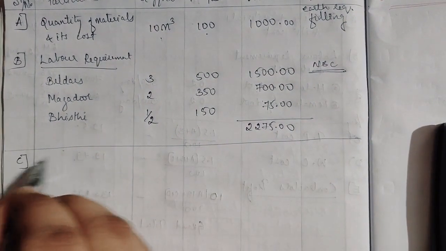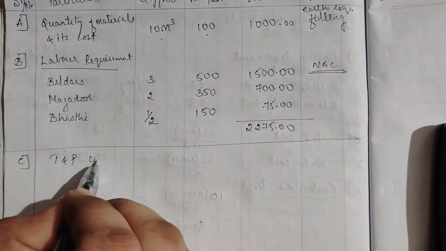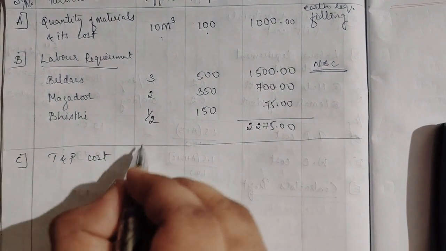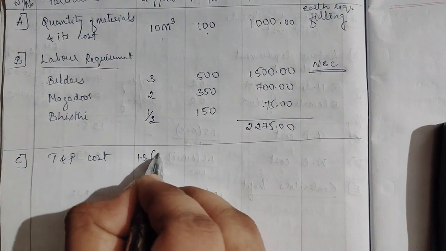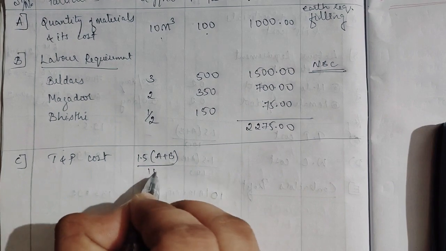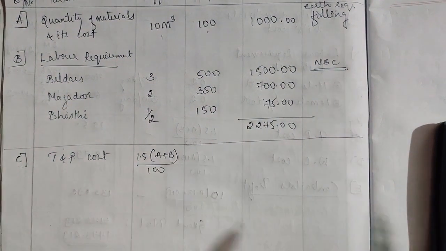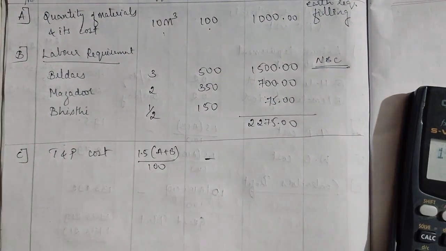Now C, what is C? T and P cost, that is tools and plant cost, that is 1.5% of A plus B divided by 100, correct? Now what it will be?